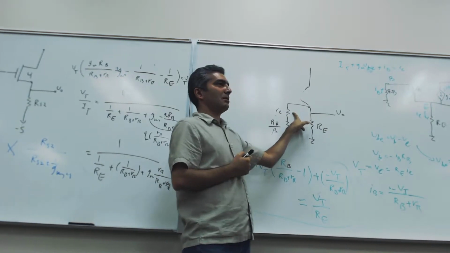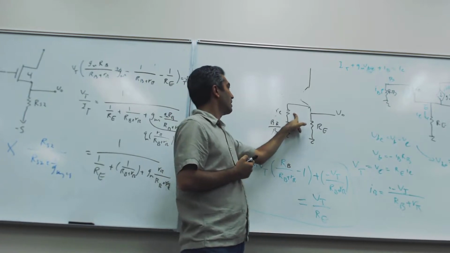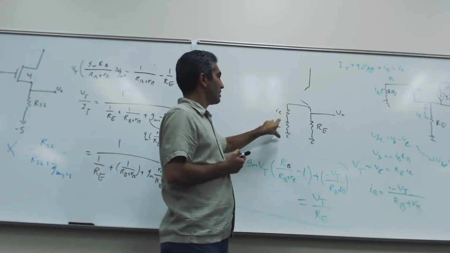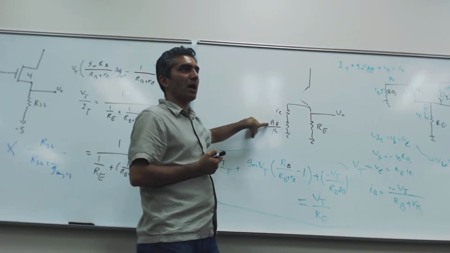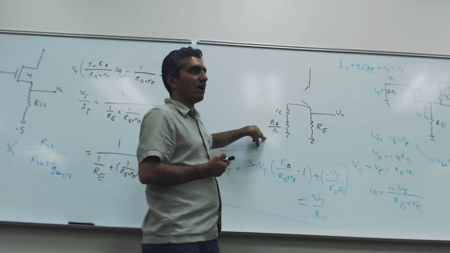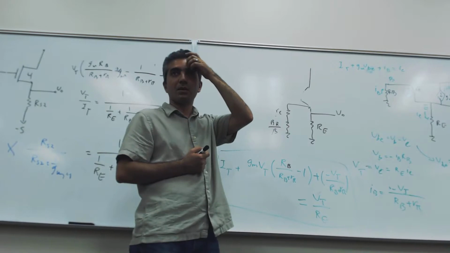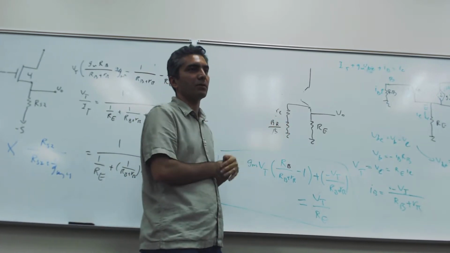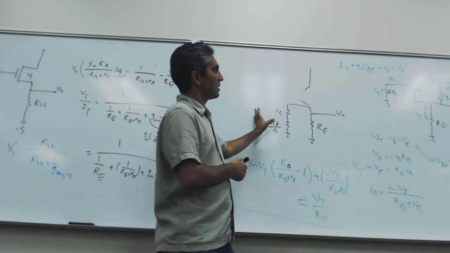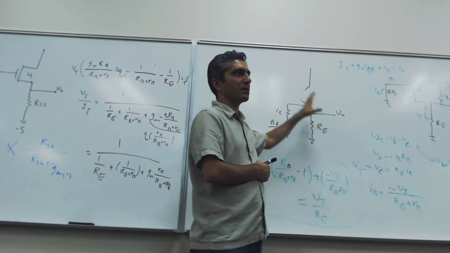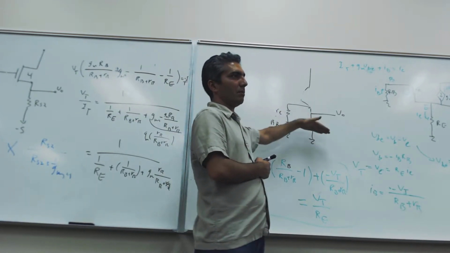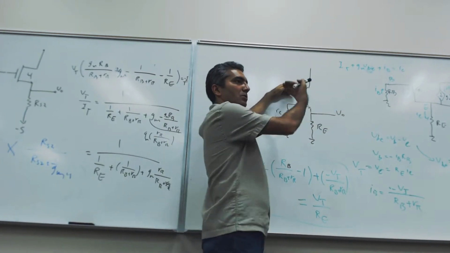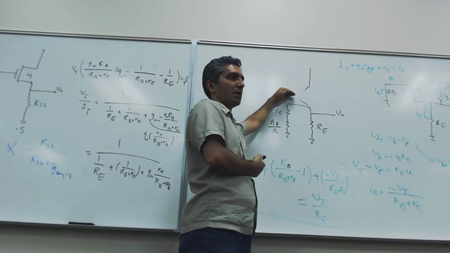So you don't only see 1 over GM or RE, you see 1 over GM in series with whatever resistor you have in the base divided by beta. GM R pi is beta. These are relationships they have to each other. So there's a transfer of resistance from the base to the emitter. What you have in the base is going to affect what you see in the emitter.